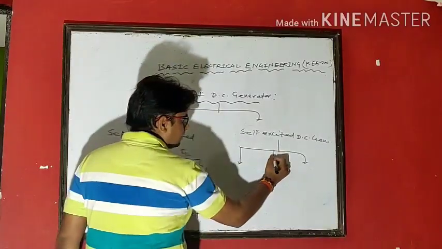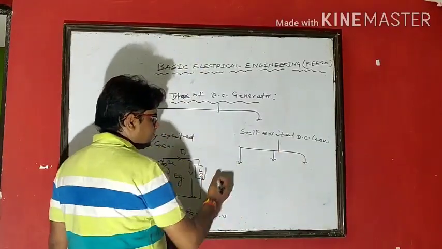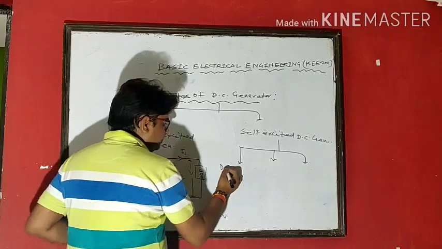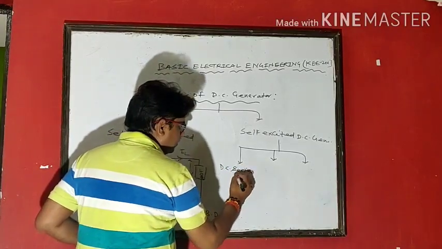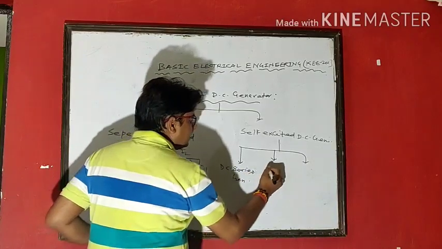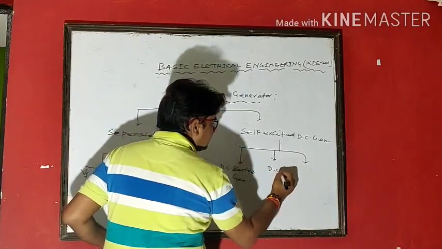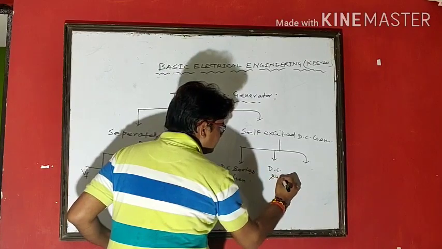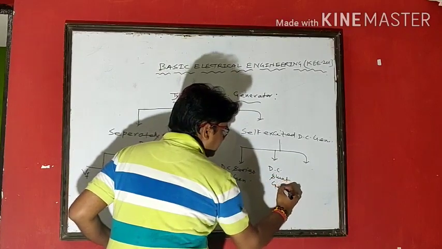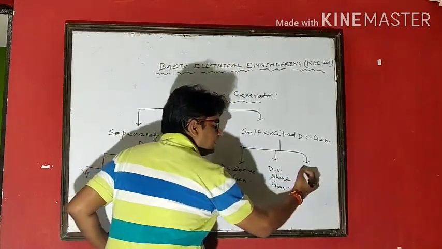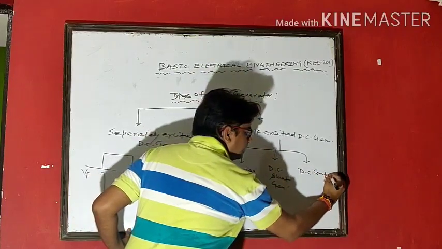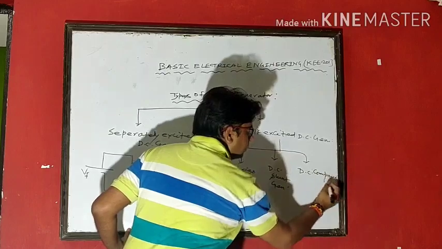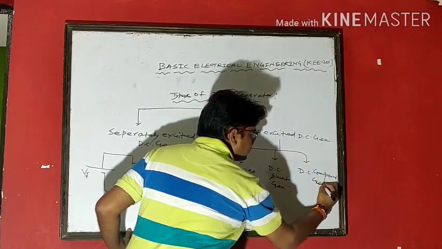Self-excited types are the DC series generator, DC shunt generator, and the third one is DC compound generator.